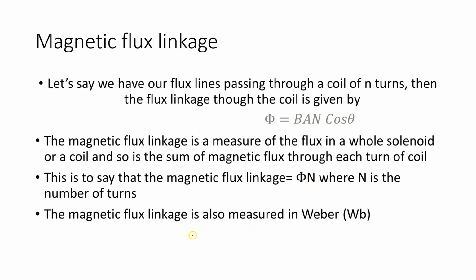So if you were to find the magnetic flux linkage, you're literally saying magnetic flux times n, and obviously that is equal to B times A times n cos of theta, depending on if the magnetic field lines are at an angle to the area.